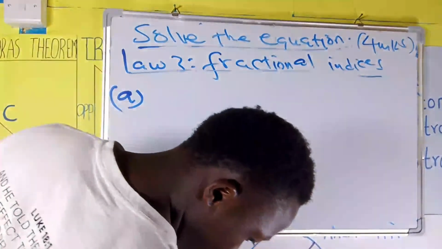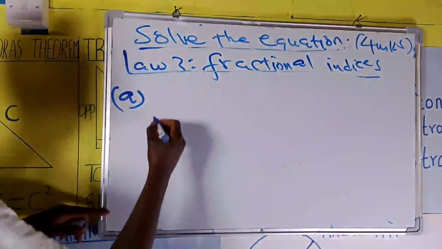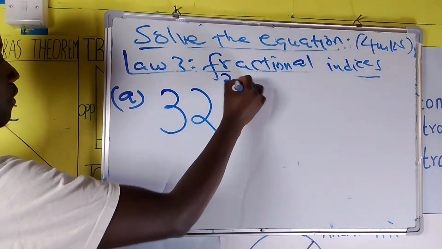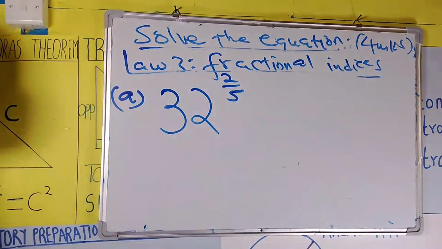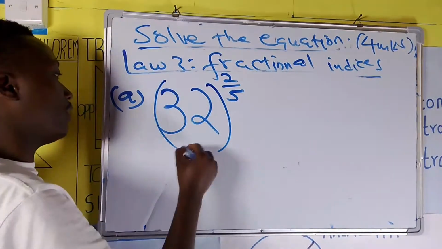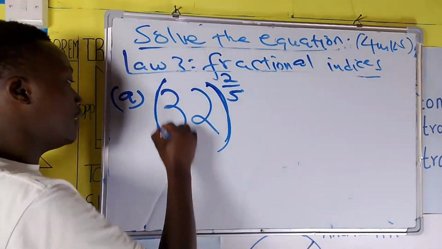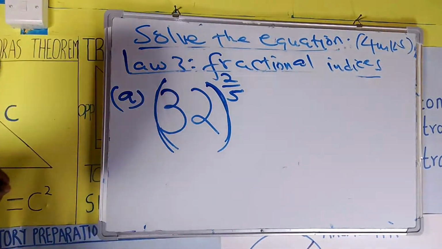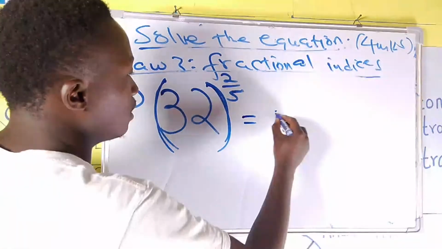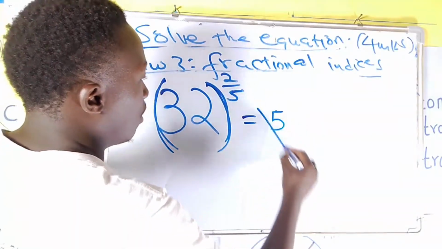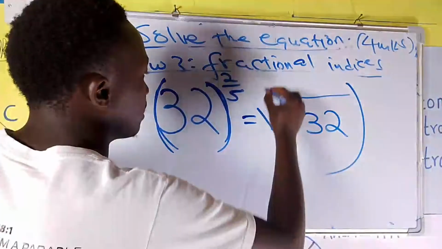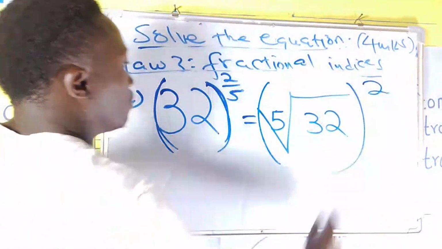Another example, we can have 32 to power 2 over 5. What this means is that we are supposed to find the fifth root of 32, then we raise to power 2.